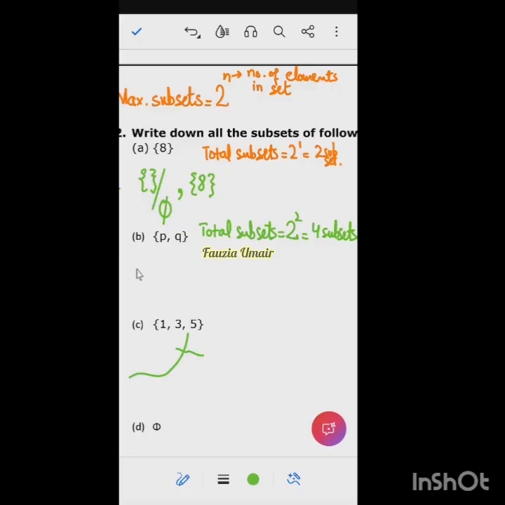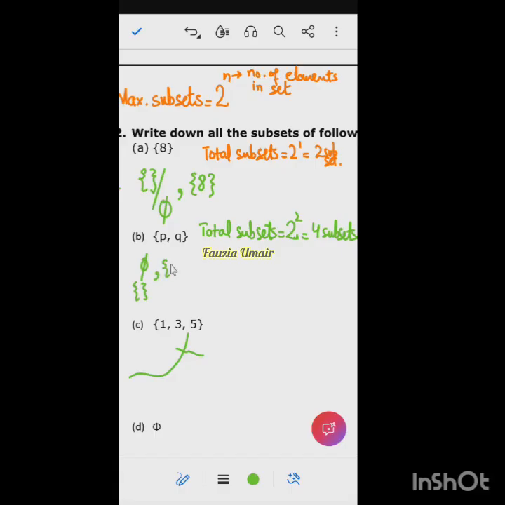So what would be the first subset? Null set, the empty set, right? Either put this symbol or you can write it like this. Just like when we write factors, 1 is the first factor of every number, similarly a null set or an empty set is the first subset of all sets.